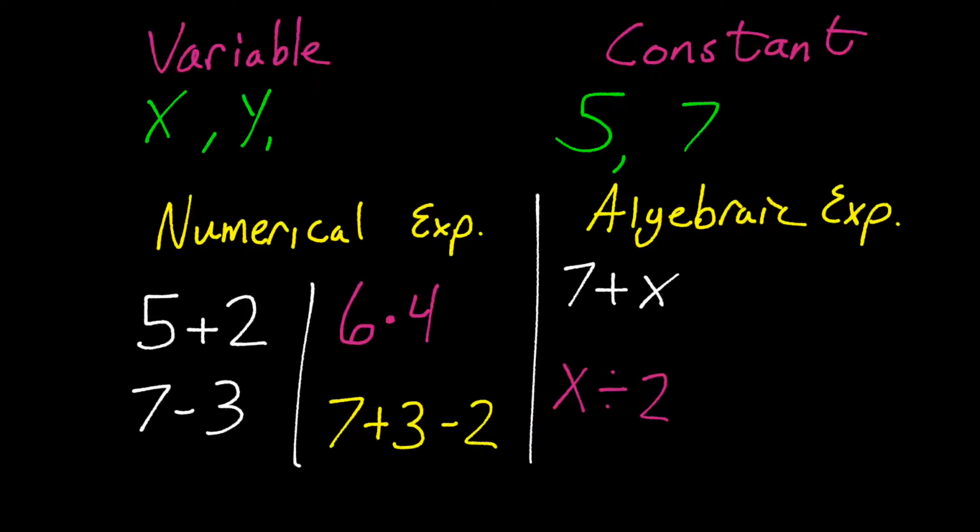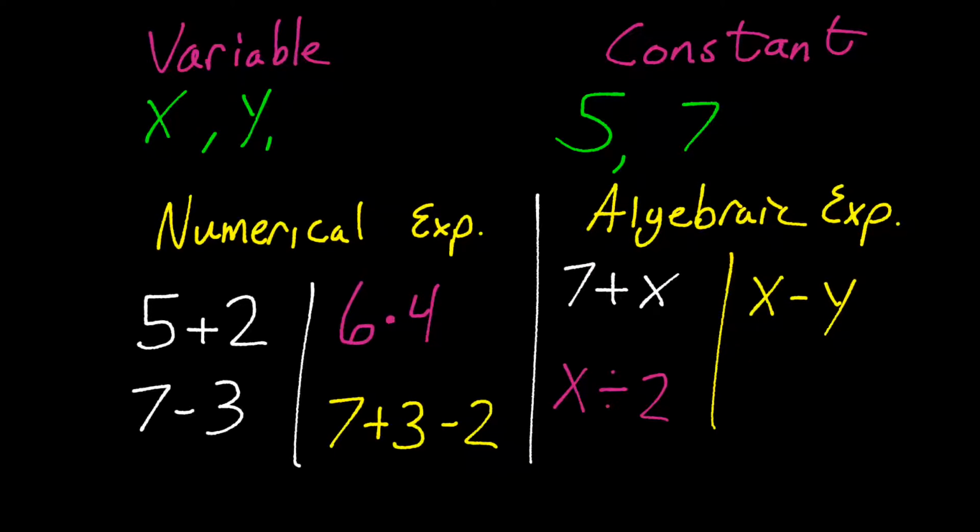Okay, it doesn't have to use all of them, but it could. An example that only uses variables would be if we had, say, x minus y. This is still an algebraic expression because it is using variables and it's using an operation, even though no constants are involved. So there's part 1 of our video for variables and expressions.